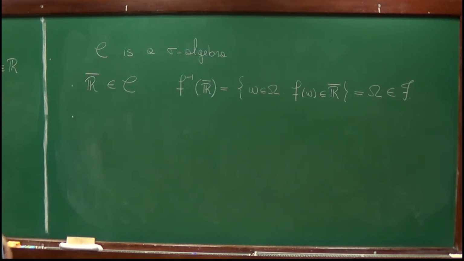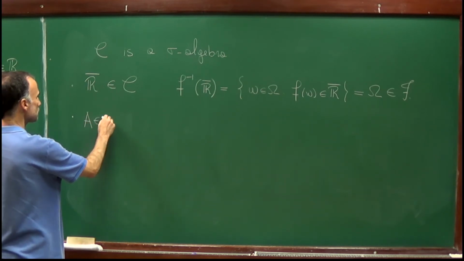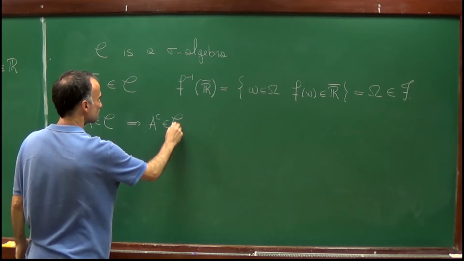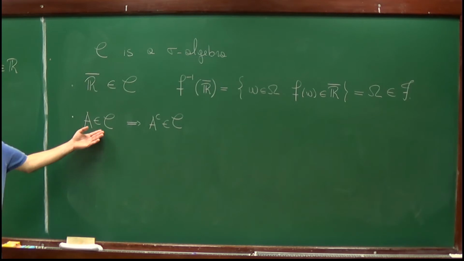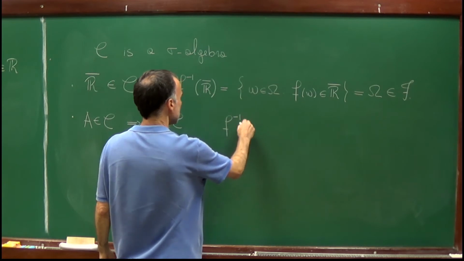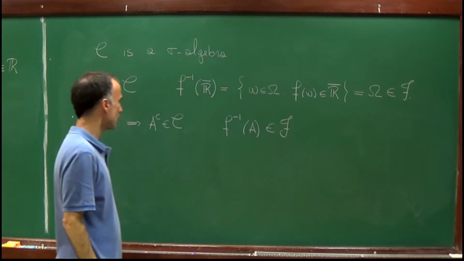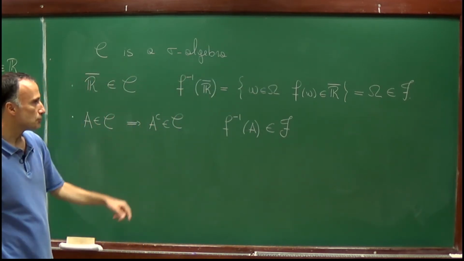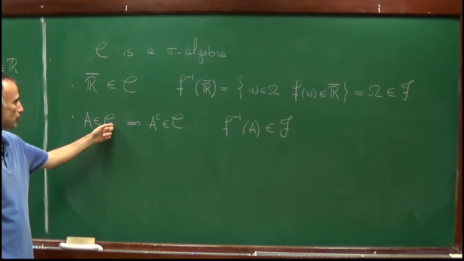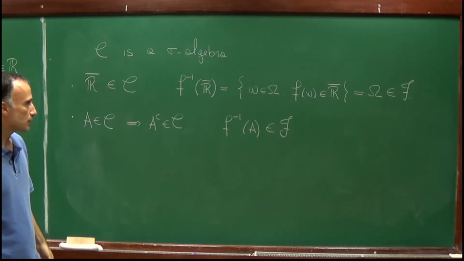Now the second property of C is that it's closed under complement, so I'm assuming that some set A belongs to C, and I want to show that A complement belongs to C. So let's start with a set A in C. If A belongs to C, this means that the inverse image of A belongs to the sigma algebra F. Since A belongs to the extended Borel sigma algebra, which is a sigma algebra, A complement also belongs to it.